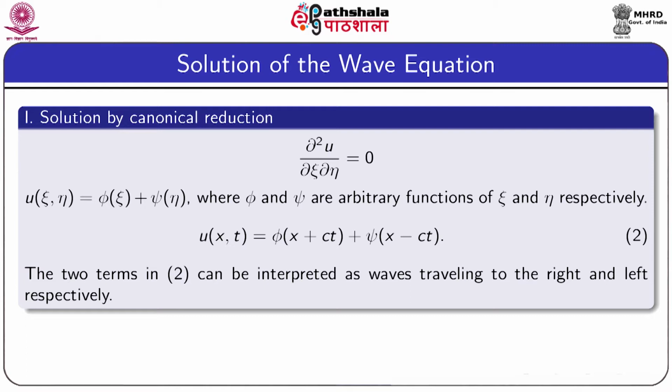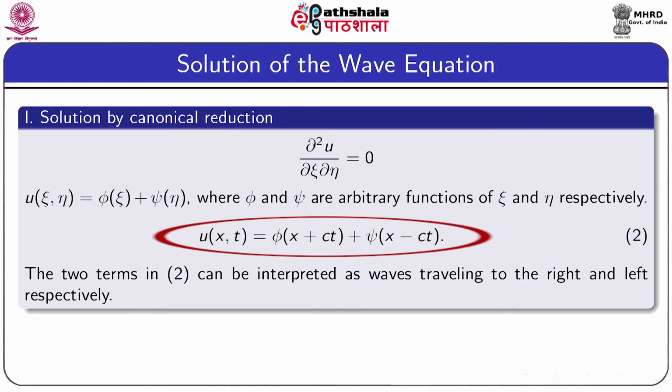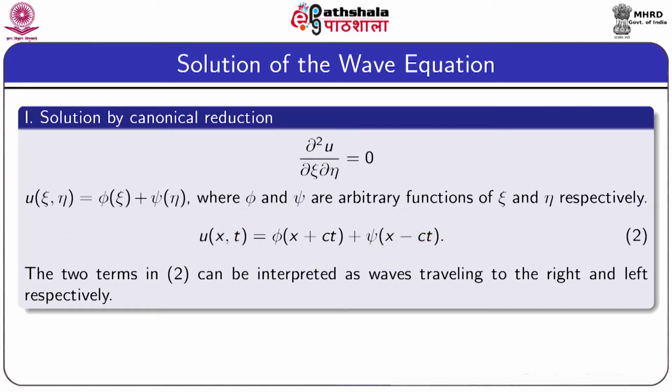Now, in terms of x and t, the solution is u = φ(x + ct) + ψ(x − ct). The two terms in equation 2 are interpreted as the waves travelling in two directions. One is to the right and another one is to the left.